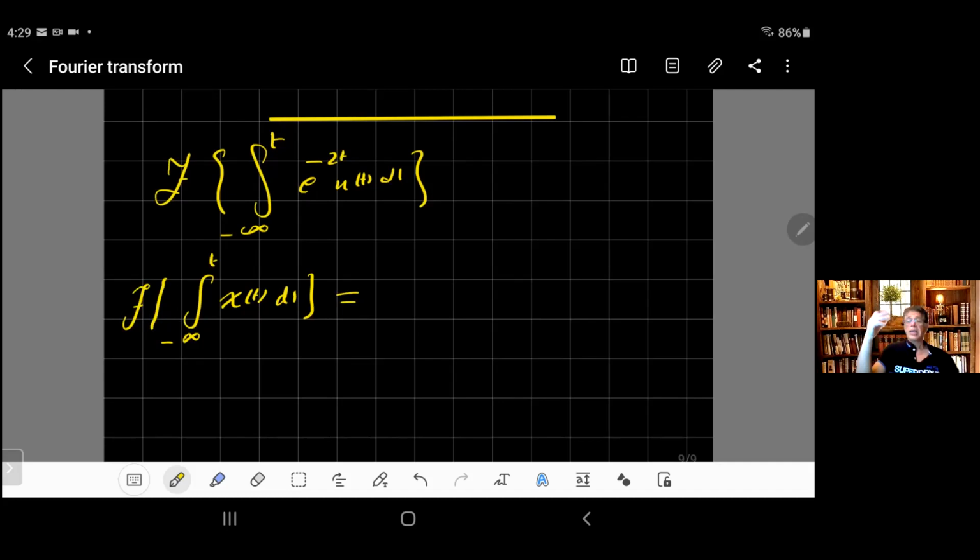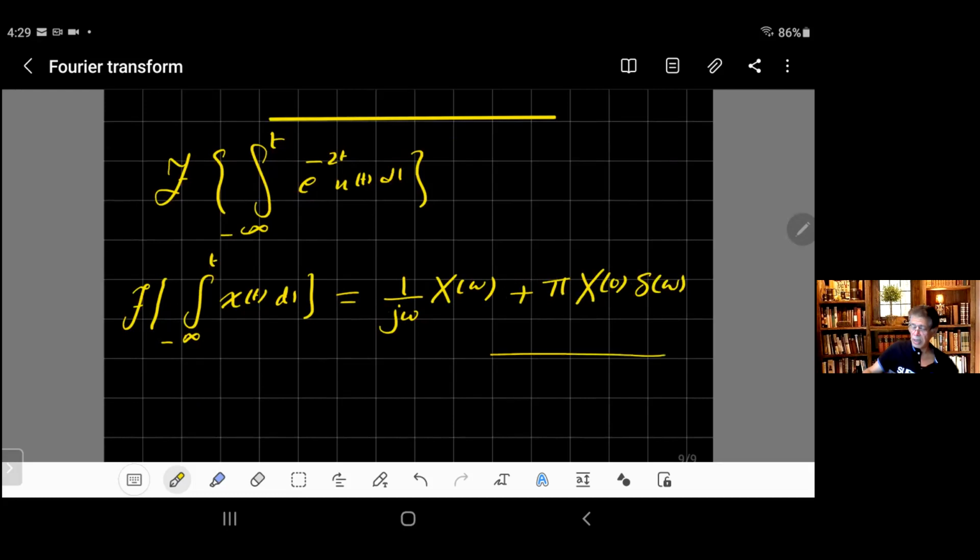Remember in differentiation, you multiply by j omega. In integration, you divide by j omega. Easy: X of omega over j omega. But because of integration, we have the initial condition, plus pi X(0) multiplied by delta of omega. Well, that's a long one, because of the initial condition.